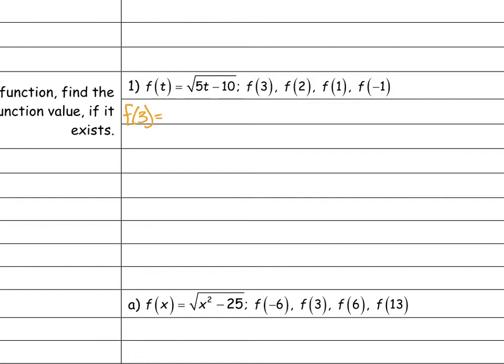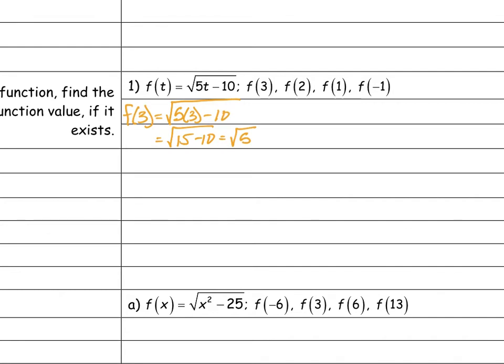Wherever there's a t inside my function, I'm going to put a 3. So I've got the square root of 5 times 3 minus 10, which equals the square root of 15 minus 10, which equals the square root of 5. Done with that one.